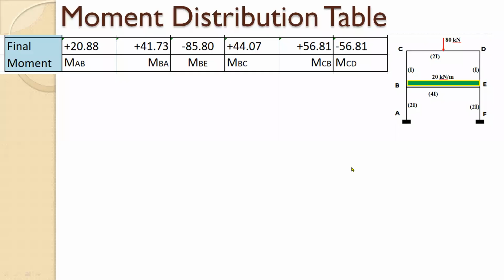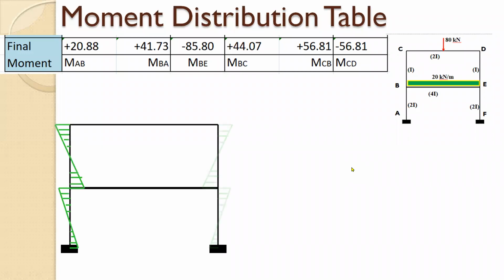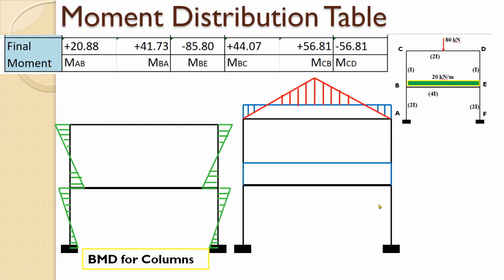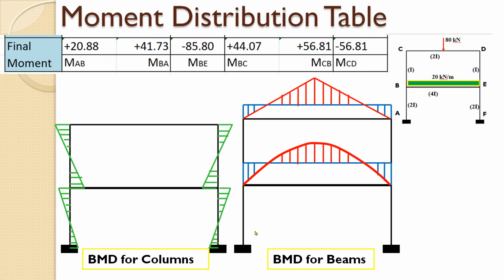So if this is the frame, then on one diagram you can draw the bending moment diagram for columns, and on the other diagram you can draw it for beams. So you will not be confused with the values at the junction. This is the simplest way to draw the bending moment diagram.